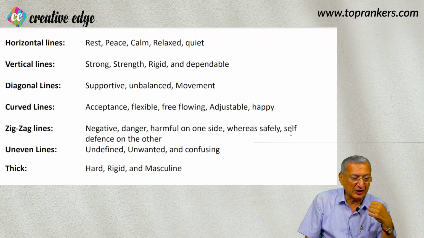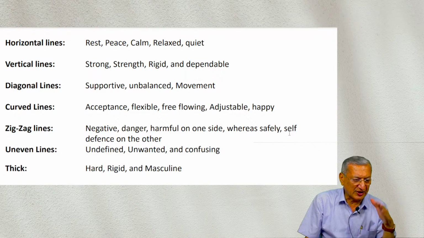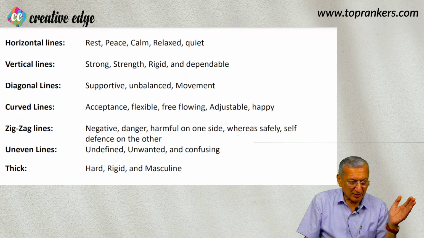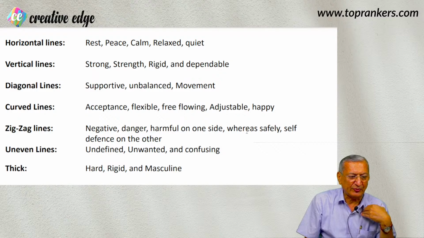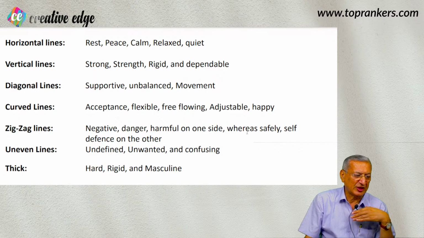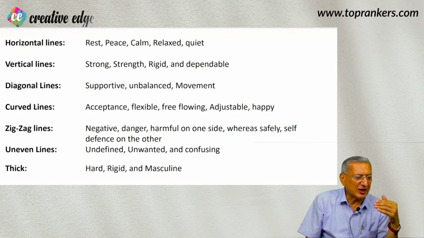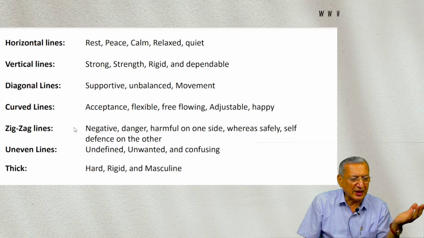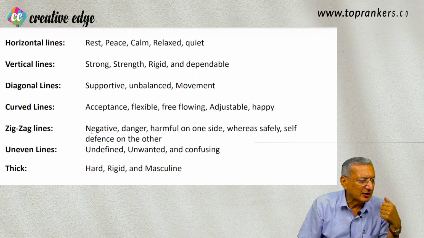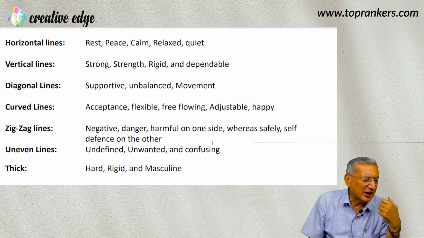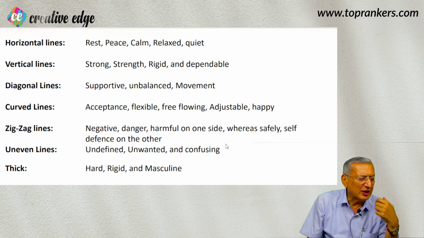So maybe the edge of a compound wall is zigzag, but that gives a feel of safety to yourself, that you are inside it. Okay, so self-defense on the other hand, that is how you can derive emotion from zigzag line. Similarly, uneven lines, undefined, unwanted, and confusing.